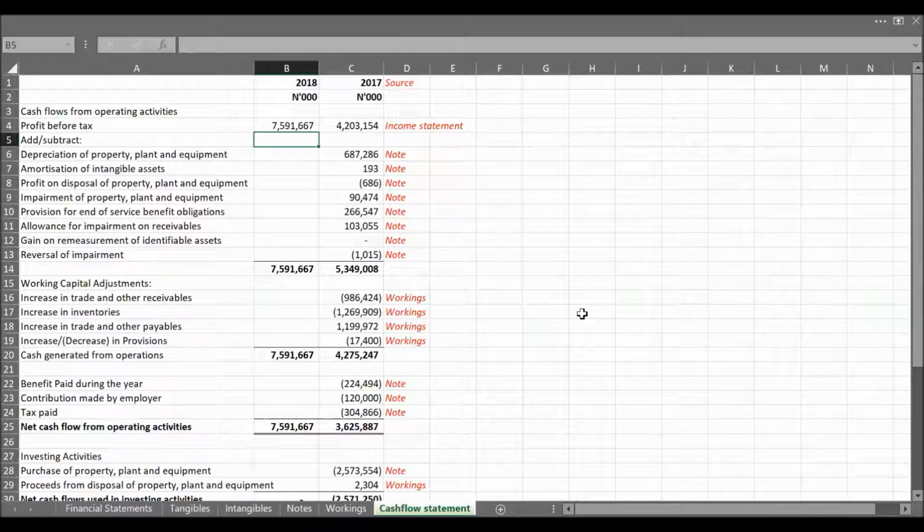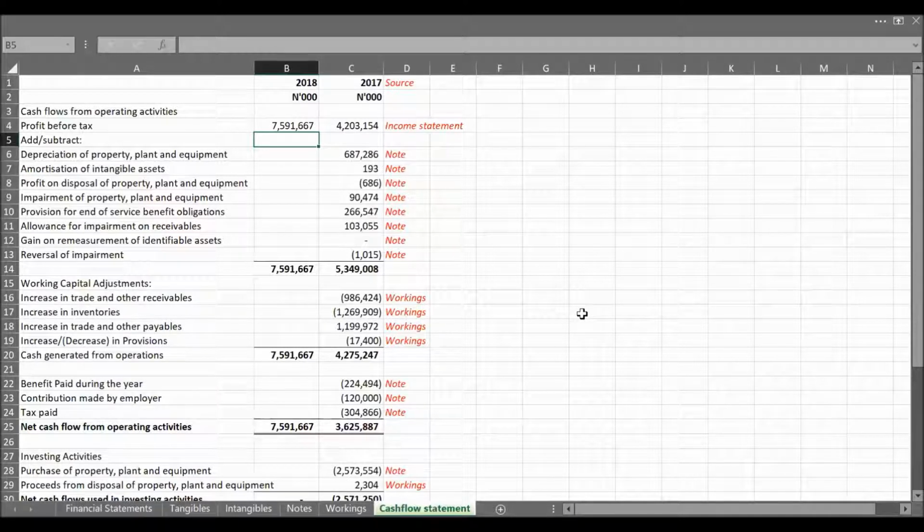Okay, so this profit before tax figure has some cash and non-cash amounts that have been added or subtracted from it. So we're going to adjust this amount to take out non-cash income and non-cash expenses. So the first item we'll be looking at is the depreciation for the fixed assets, that's the property, plant, and equipment.